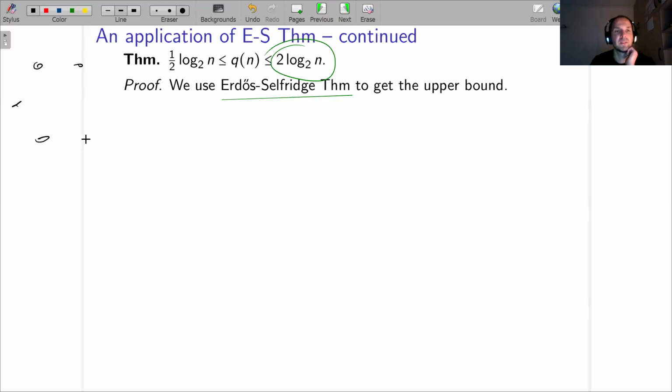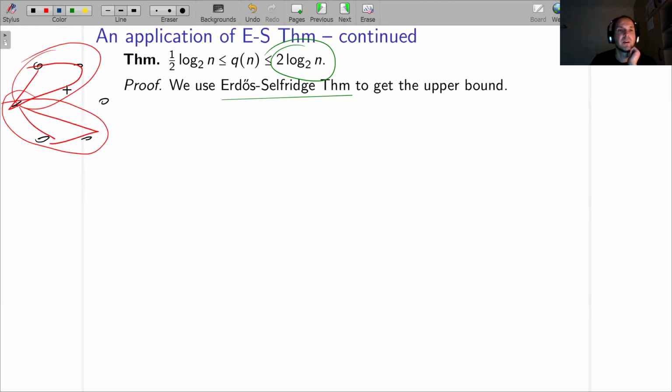We have our complete graph, and we want to look at all possible cliques, where the cardinality of the vertex set is 2 log n base 2. So this is the K. These are the winning sets. We want to show that breaker can prevent maker from claiming a clique this large.